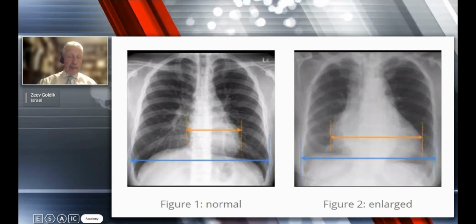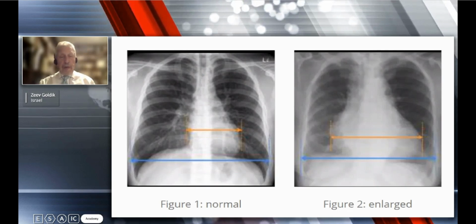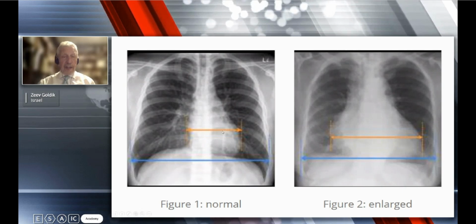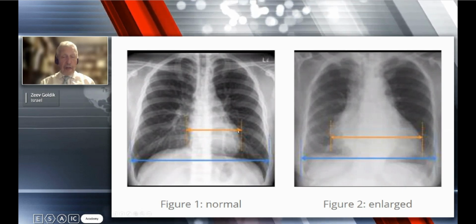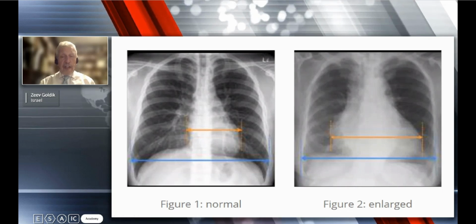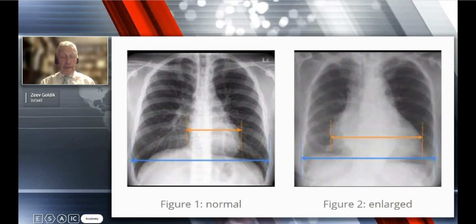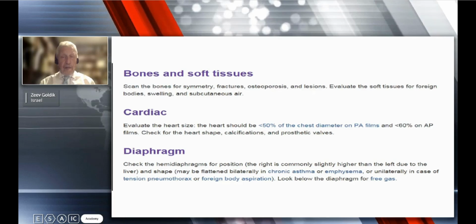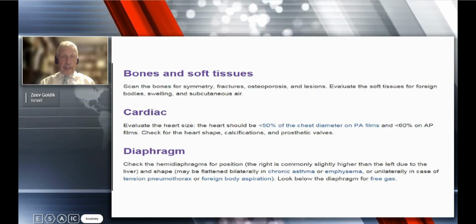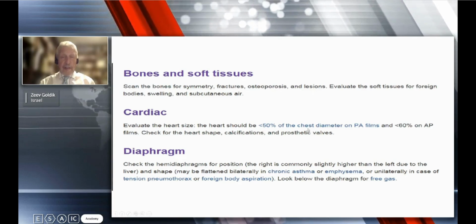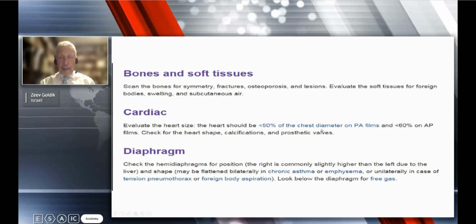And as I promised before, how do we know whether the size of the heart is normal or enlarged? It should not be more than 50% of the chest diameter.